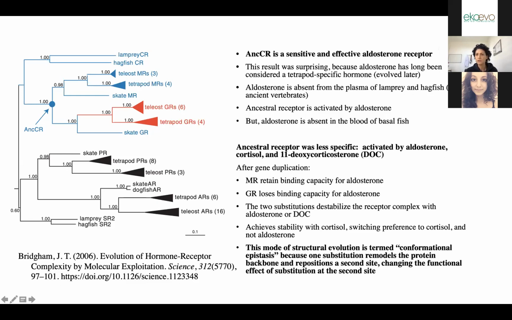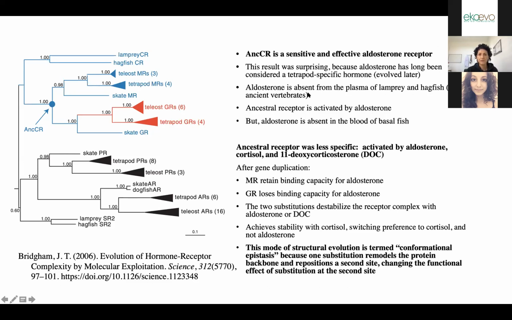They made a nice conclusion, a nice experiment, including the resurrection of the gene. Here I'm going to summarize what they found. Aldosterone has long been considered a tetrapod hormone because it evolved later, because organisms inside water don't need this kind of hormone and receptor, of course.